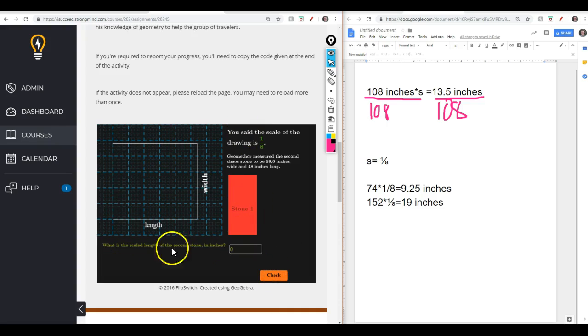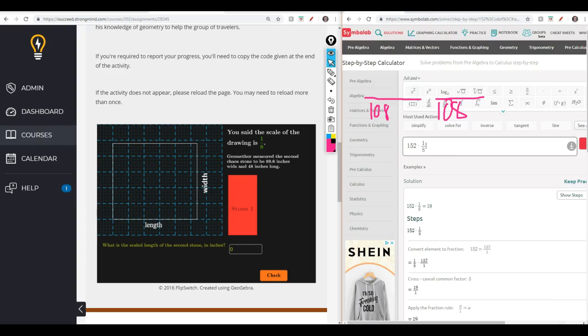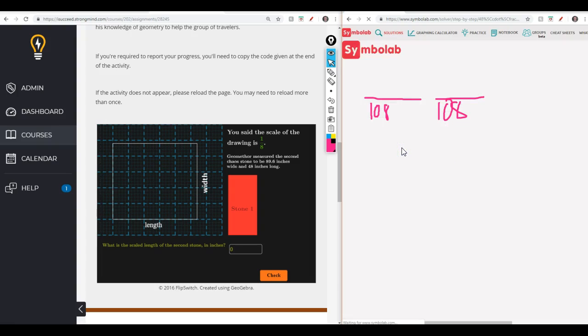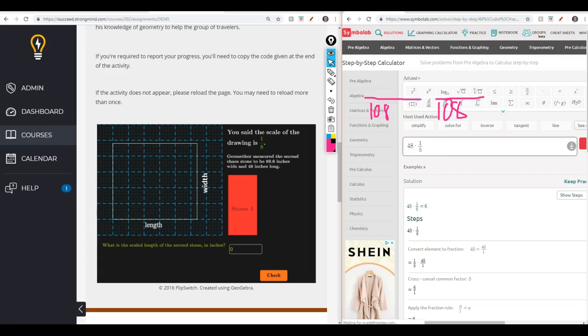So there's stone 1. The second stone is 89.6 inches wide and 48 inches long. What is the scaled length of the second stone? So again, we have the actual length, which was 48 times 1/8. That's going to give us our scaled length, which is 6.